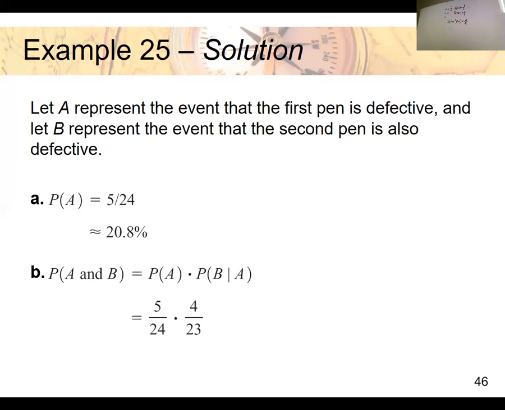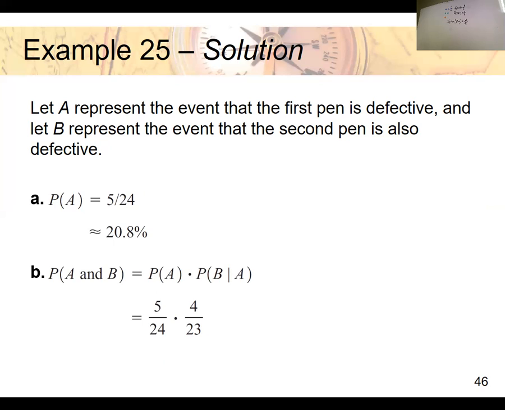The first one that he draws is a 5 out of 24 chance that it would be defective. But on the second draw, we want to assume that it is also defective. So now, on the second draw, if the first one was defective, that means there are 4 defective pens left. And instead of 24 pens being left, there would be 23 left.